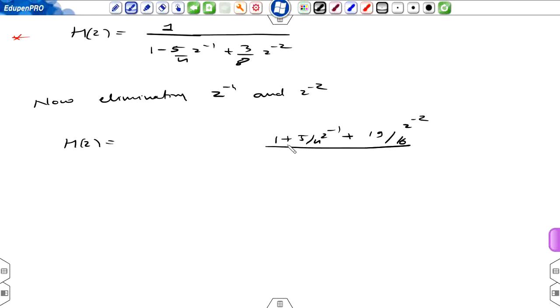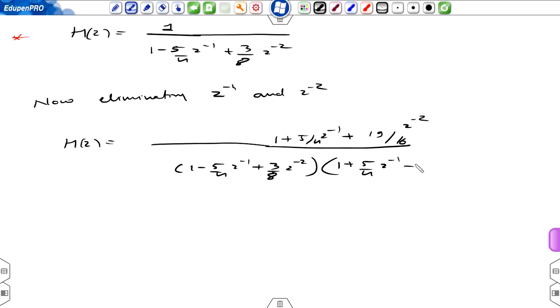This will be in numerator, and in denominator 1 minus 5 by 4 Z minus 1 plus 3 by 8 Z minus 2 multiplied by the same term 1 plus 5 by 4 Z minus 1 plus 19 by 16 Z minus 2.